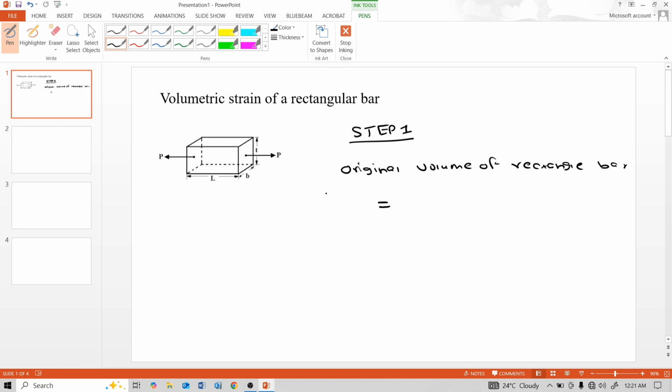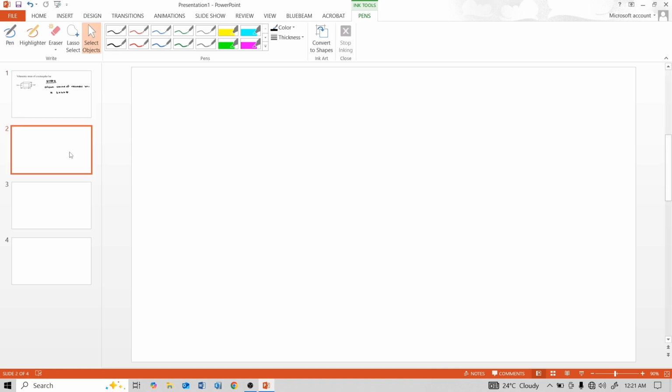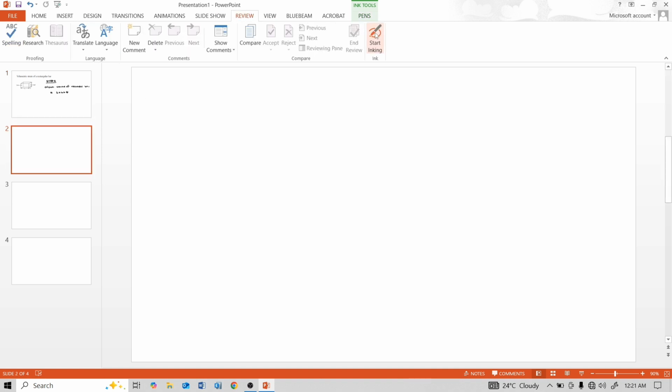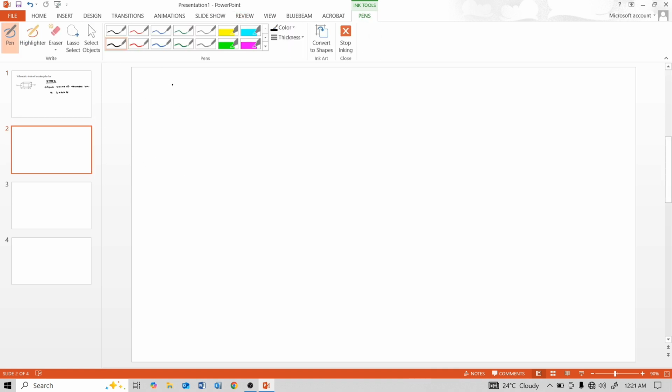Original volume of rectangular bar is L into B into T, length into breadth into thickness. Now, step 2: final volume of bar.